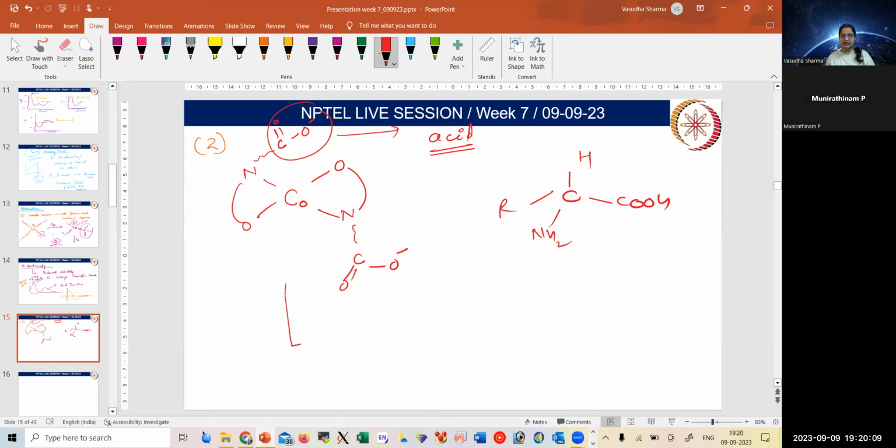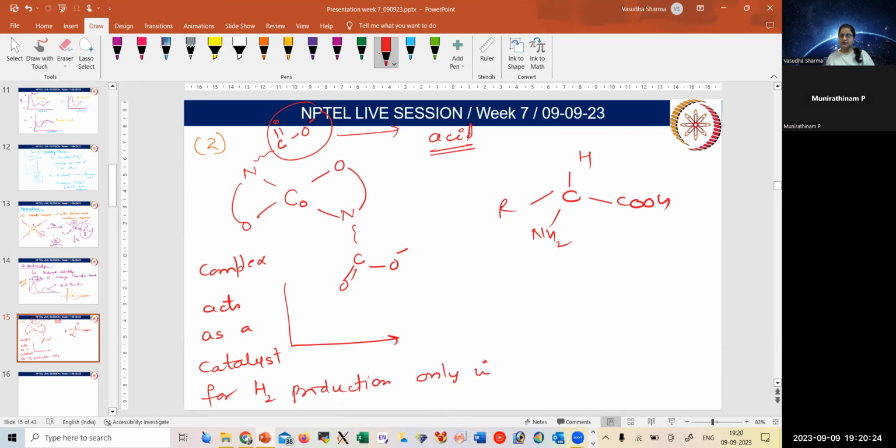Now it says that this complex acts as a catalyst for H2 production only at pH less than or equal to 3. So this is a complex, and catalyst means that when we add some complex, it should increase the rate of reaction without getting involved in the reaction.